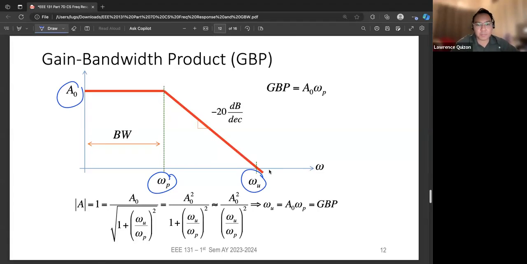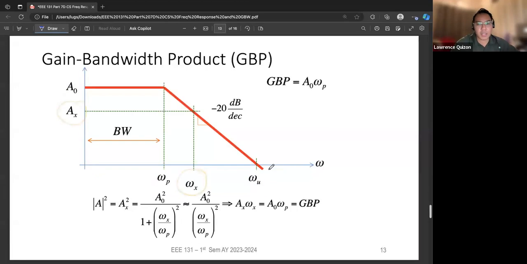All right. So another thing that is actually interesting, no? We multiplied this and that, and somehow, since this is a log-log plot, by the way, this is in log, and this is also in log, somehow, when we multiply this and we multiply that, we always get the unity gain frequency, no?